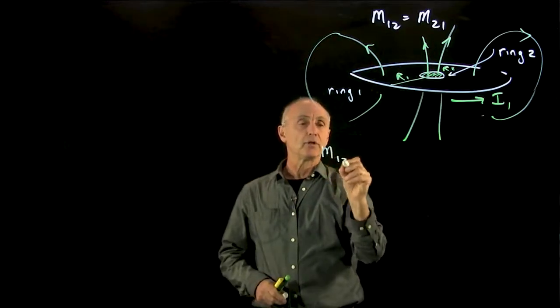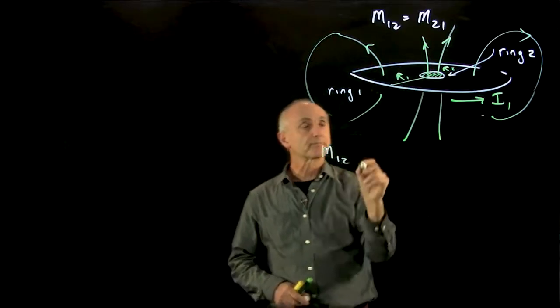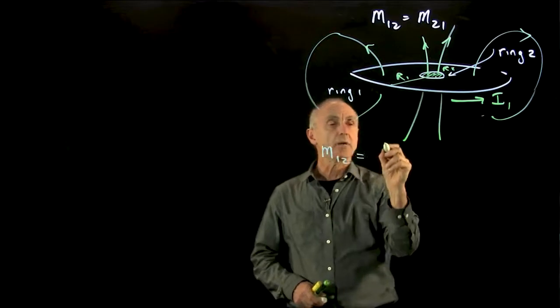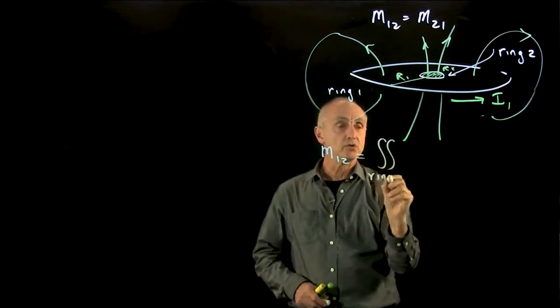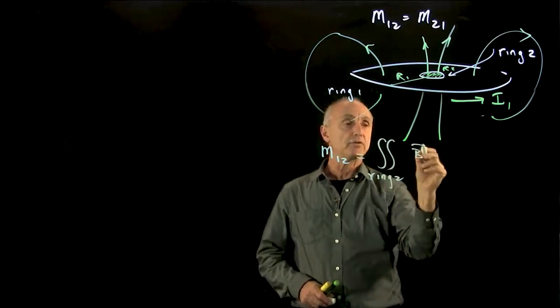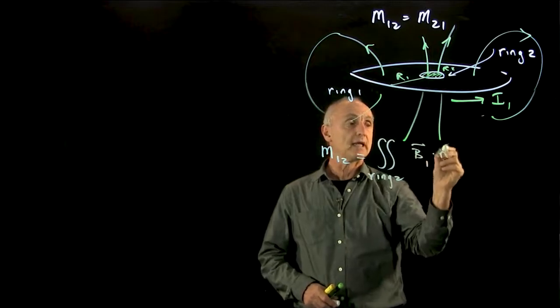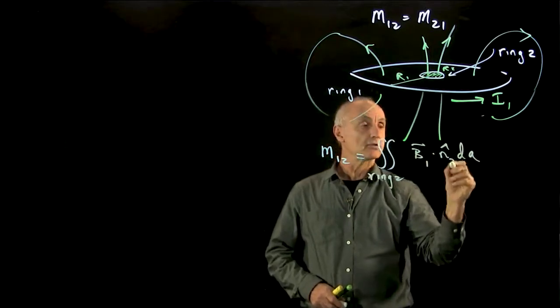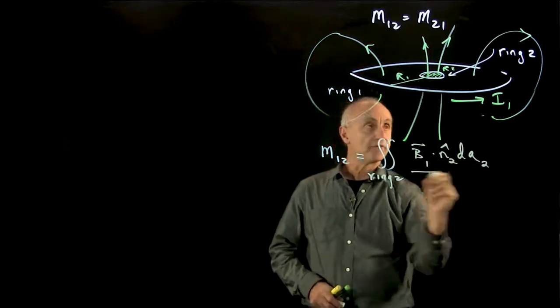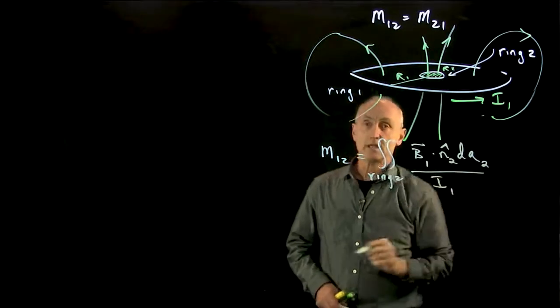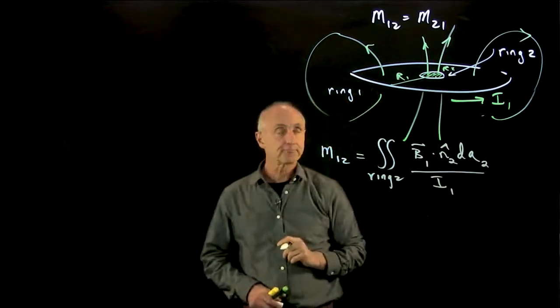Remember, the mutual inductance, in this case, is the integral over ring 2 of the B field from ring 1 dot n hat dA, so this is all over ring 2, divided by the current that I put in, I1.